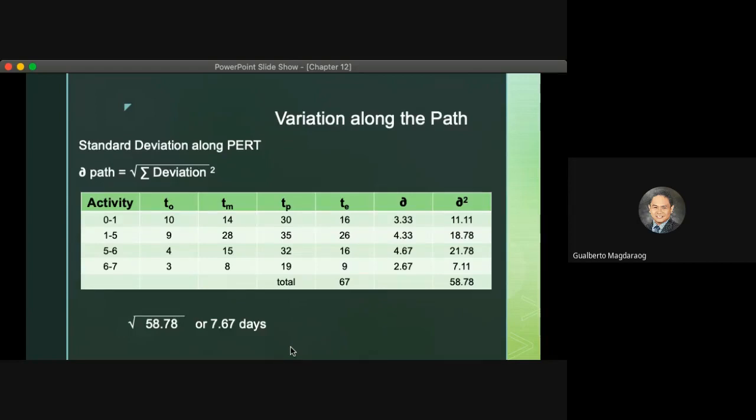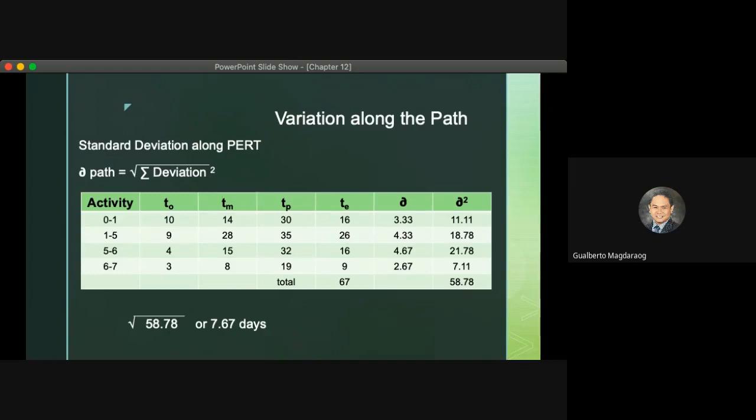Okay, aside from the variation on a per-event basis, we can also compute for the variation along the path. Remember, what we computed earlier is the variation for the 11 days, or for the specific event. For the path, we can compute by using this formula: the square root of the sum of the deviation squared.